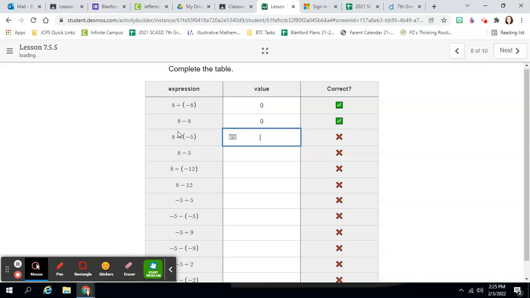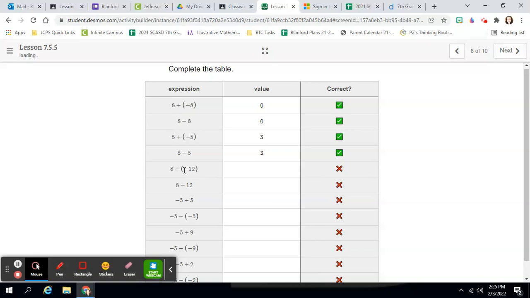For this one, 8 plus -5. Well, I know that these 5 negatives cancel 5 positives, so I'm left with 3. And 8 minus 5, well, that's also 3. Because if I subtract 5, it's actually the same thing as adding its opposite, adding -5. Here, 8 plus -12.